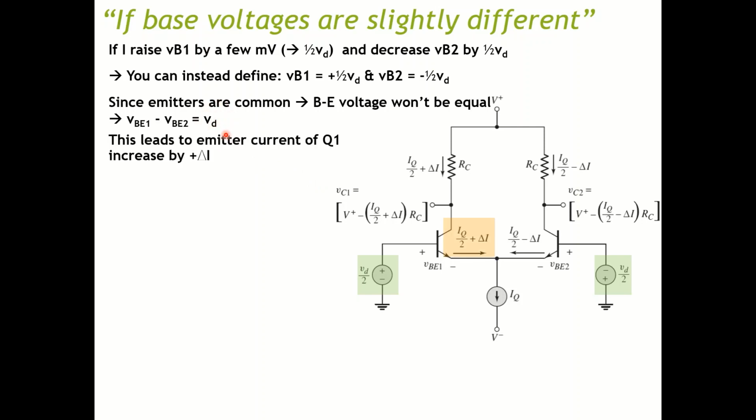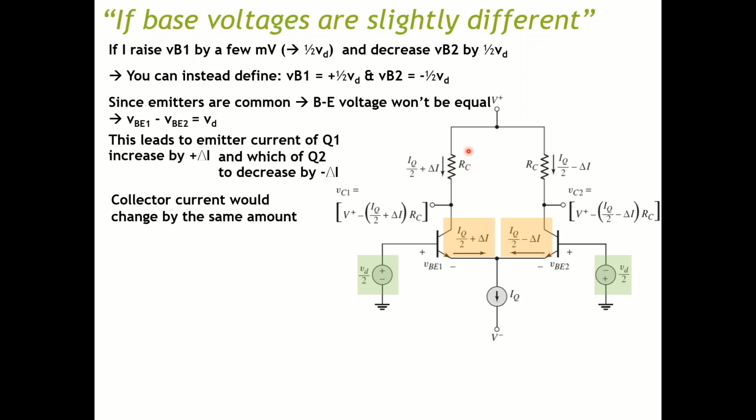This leads to the emitter current IE1 increasing by a small amount, delta I, and likewise the emitter current of Q2 will decrease by delta I.